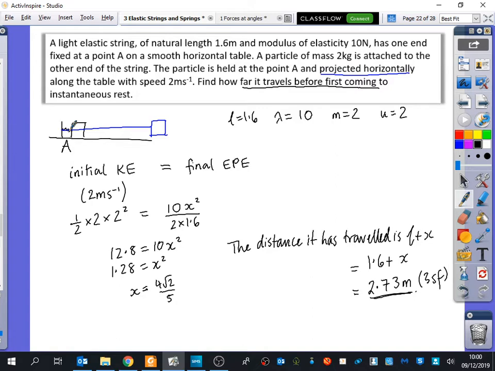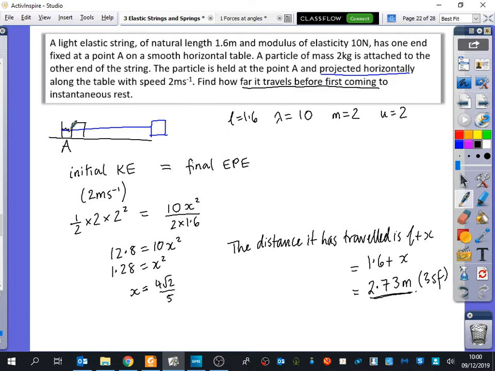If it was a spring, we'd need to give a bit more information, because that might have been the starting point, its natural length, or it might have been compressed. We don't know that. It wouldn't have tension. We have the kinetic energy, and we would be finding x of the compression instead. Yeah, we'd have to consider what its initial elastic potential energy was as well.